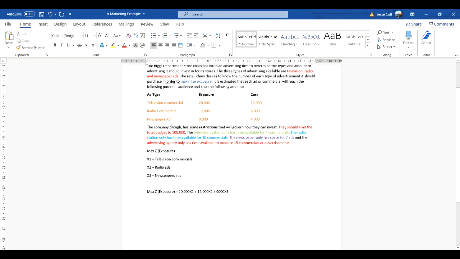In our dietary situation, this was the cost of different food. But in this situation, we're not trying to do that. We're trying to maximize exposure. And it is exposure per television commercial, x1, per radio commercial, x2, per newspaper ad, x3. So here we've completed successfully our objective function. The next step is we have to go to constraints. The first one, C1.